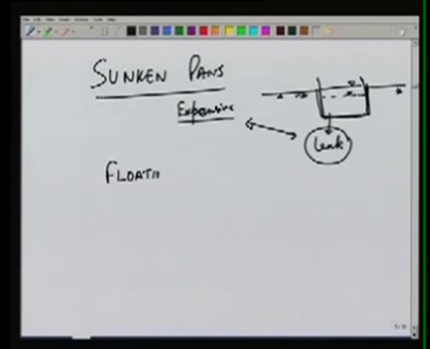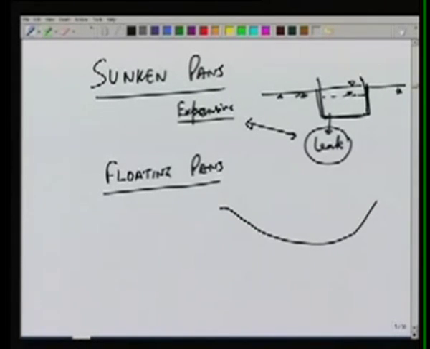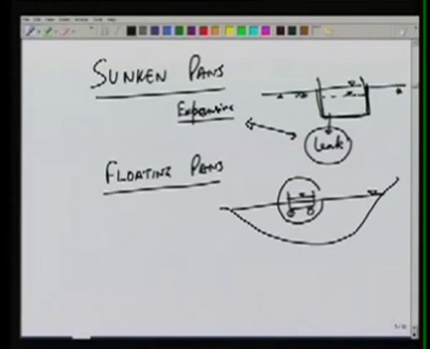The other types of pans which are used are known as floating pans. As the name suggests, there are some floating drums on which these pans are put. Since these pans are floating in the lake, they will represent the lake conditions quite accurately.